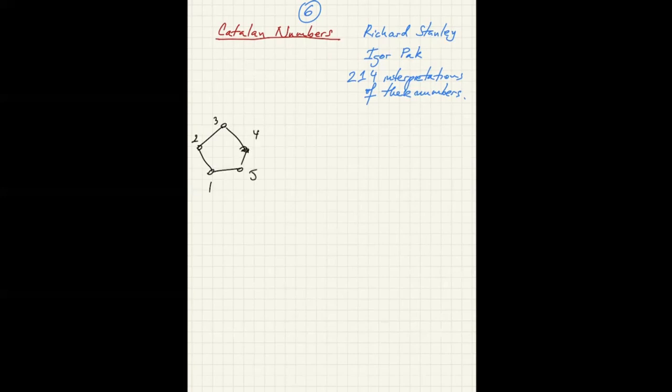Now you can draw some diagonals inside the pentagon, and some of them are going to intersect. So for example, if I draw these two diagonals, I call them intersecting because they cross somewhere inside. But you can draw some diagonals that do not intersect, like for example this one.